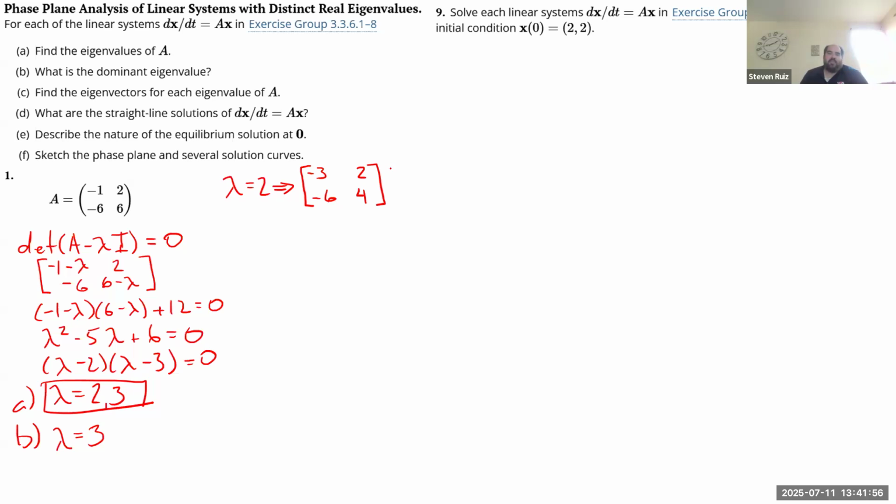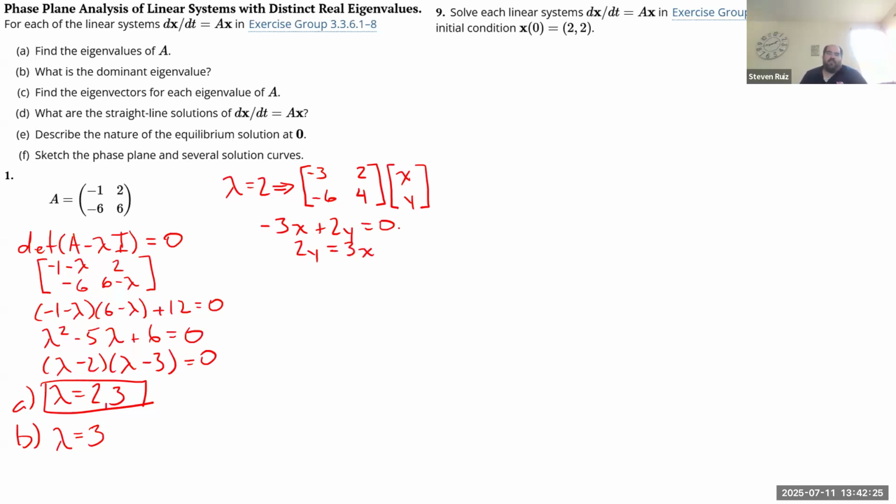What I want to do is this. Eigenvectors I want to be non-zero. So what happens when I multiply this 2x2 matrix by my generic xy vector? I'm just going to look at one row, -3x plus 2y equals 0. This gives us a relationship between x and y. So 2y equals 3x.